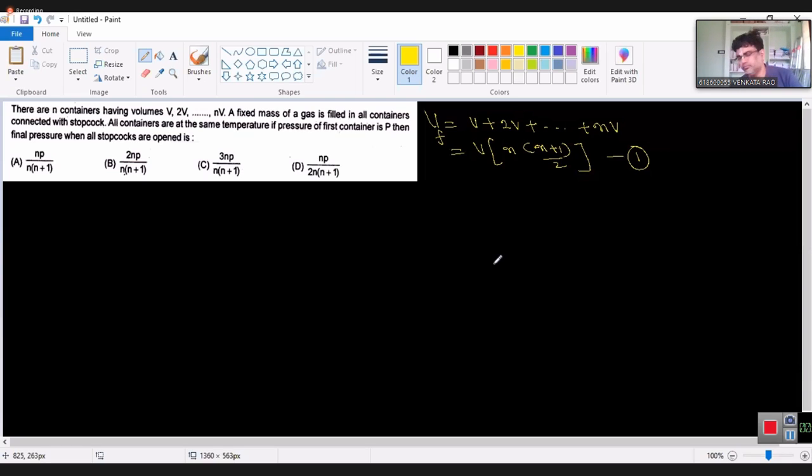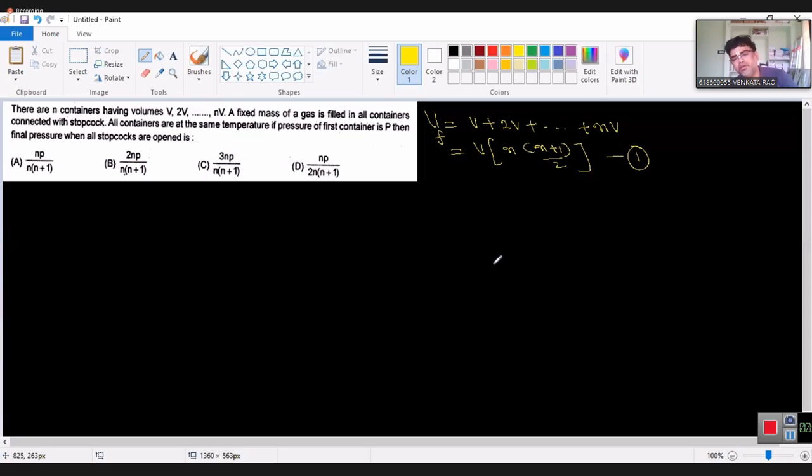From ideal gas equation, PV equals nRT. What about the pressure in the first container?